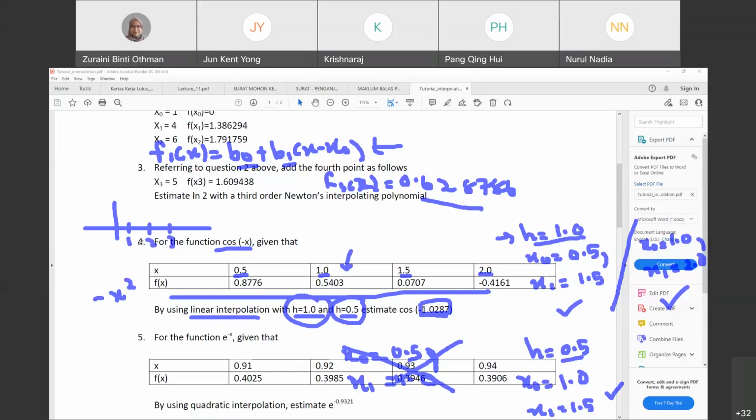It's not negative, right? This is the scale on our graph. Okay, I understand. That's why we don't consider the negative outside, because this is the equation. But the scale for X is 0.5, 1.0, 1.5, 2.0. So we know that this 1.0287 is after 1 here, right?